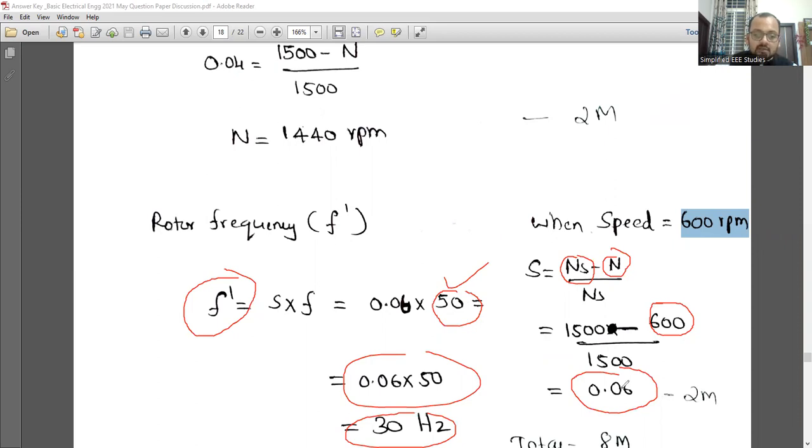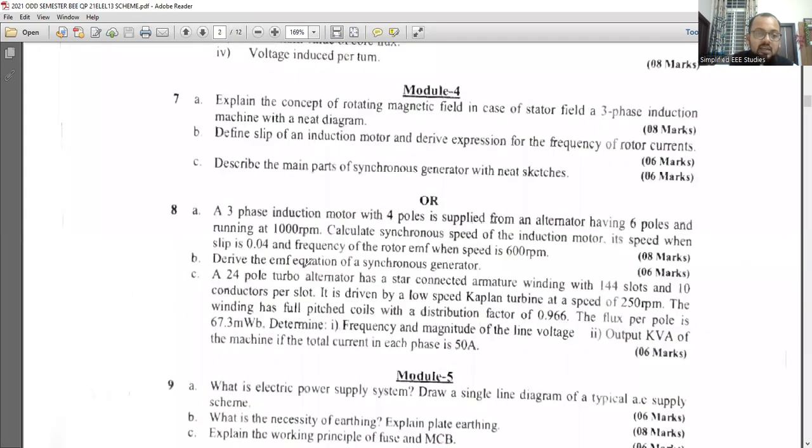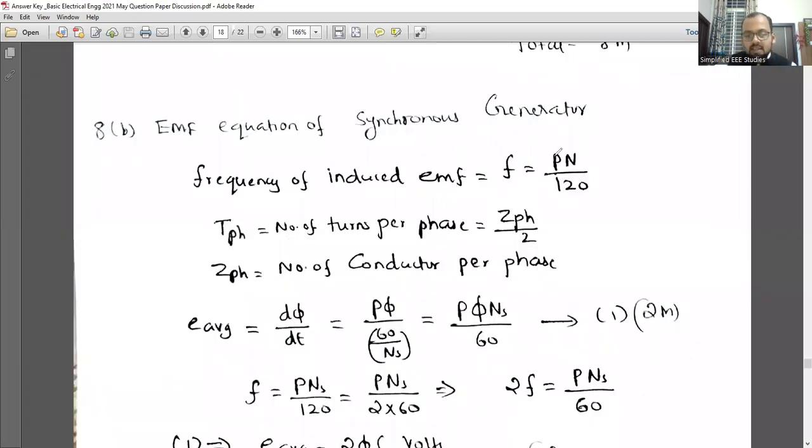Moving to another part. Derive the EMF equation of synchronous generator, that is the EMF equation of alternator. That's also very simple if you know Faraday's law. What I have done is I have defined the parameters: what is F, what is P, what is N, what is Z phase, what is T phase.